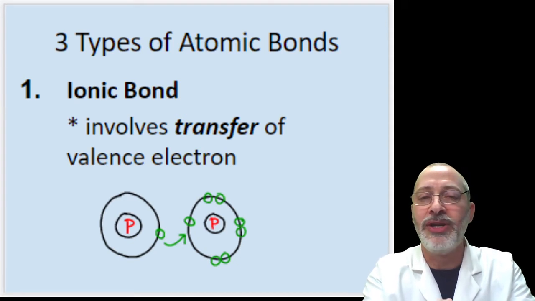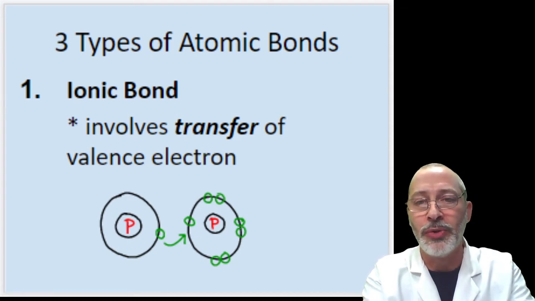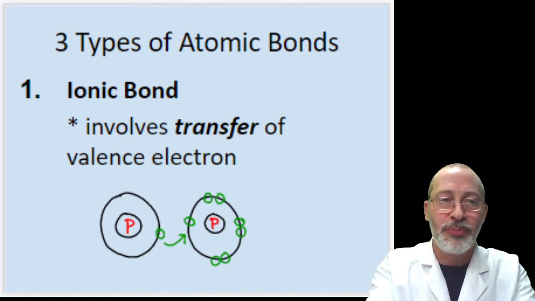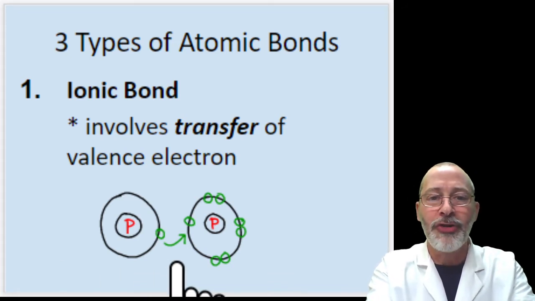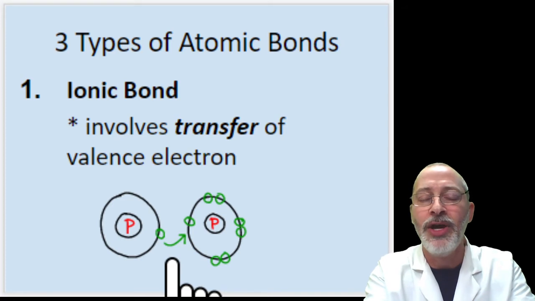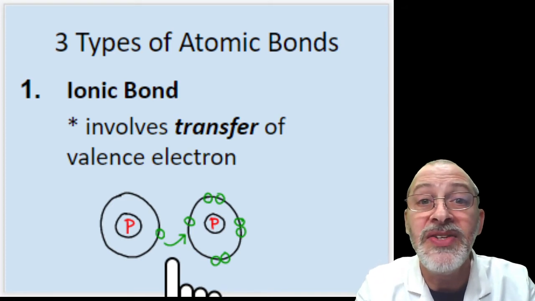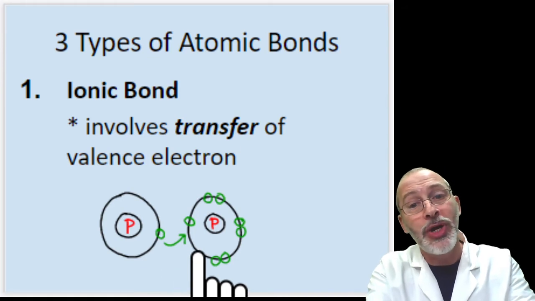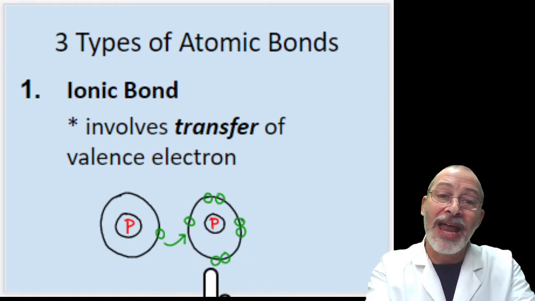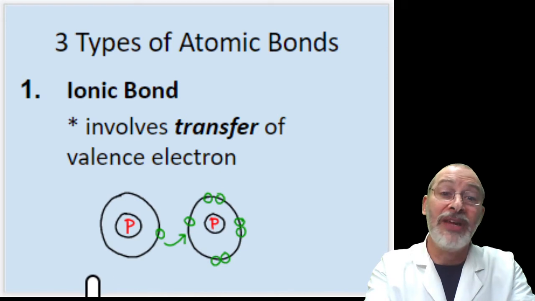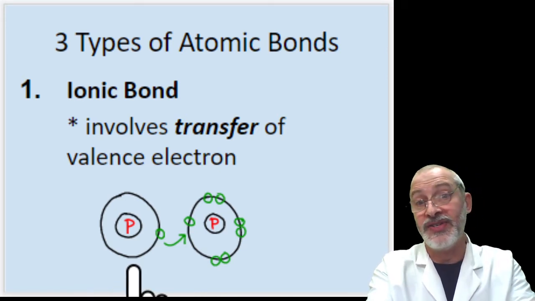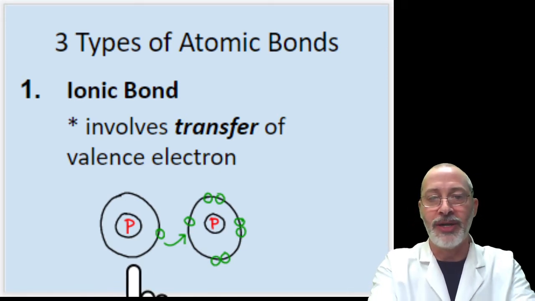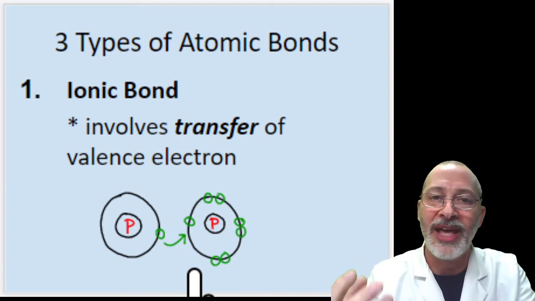Now, you have to think of it in terms of an energy point of view as well, and let me explain that. From an energy perspective, what do you think is easier? For this atom to lose one electron, or this atom to lose 7 electrons? Or for this atom to gain 7 electrons? The lower the number, the less energy.